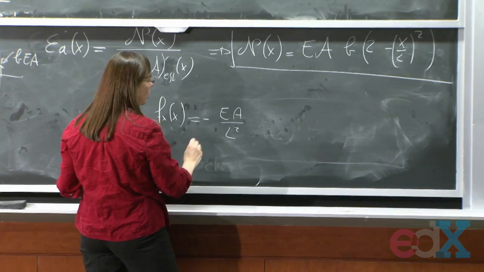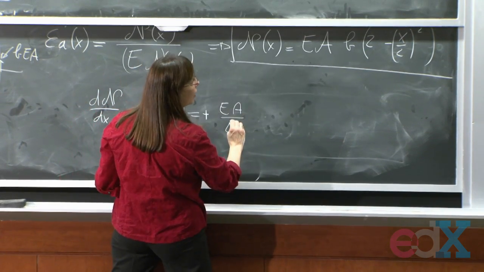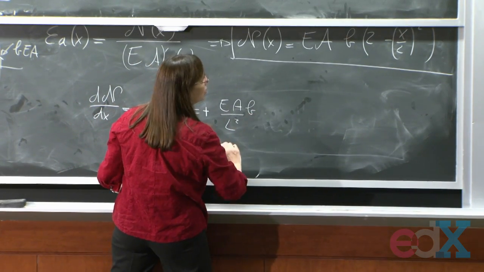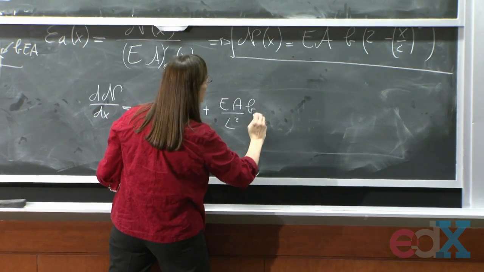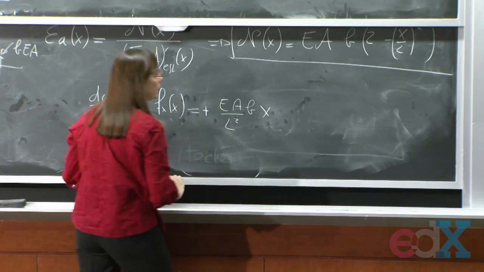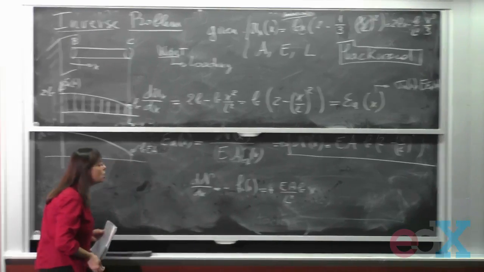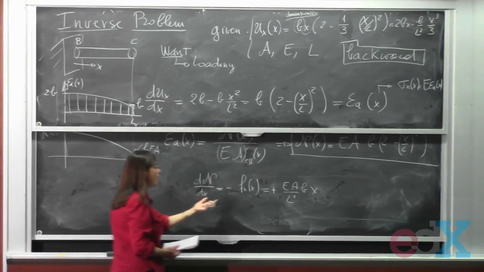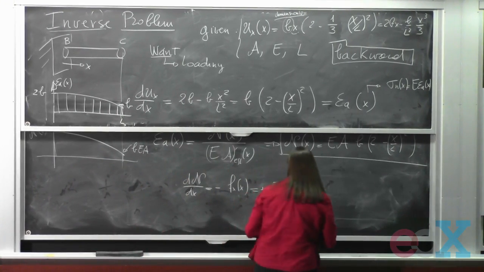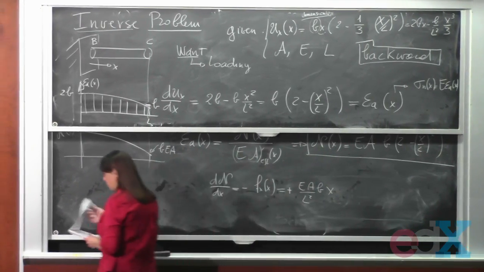And so the minus and minus cancels out, and I have B, and the 2 and 2 cancels out, so I end up with x. Okay? So my dn dx, my fx of x, is simply EAB over L squared times x.